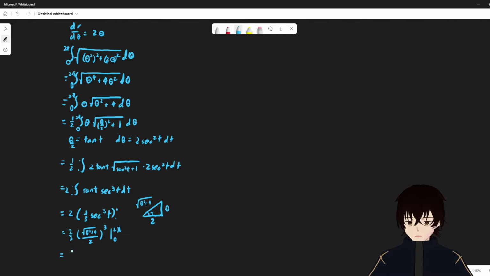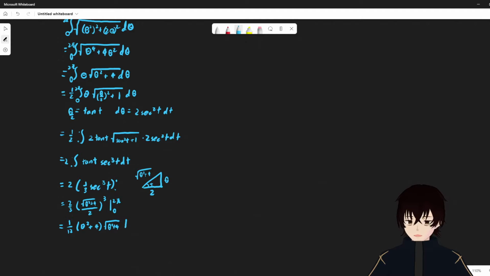Bring down the 2, we get 1 over 12 times theta squared plus 4 times the square root of theta squared plus 4, from 0 to 2 pi.